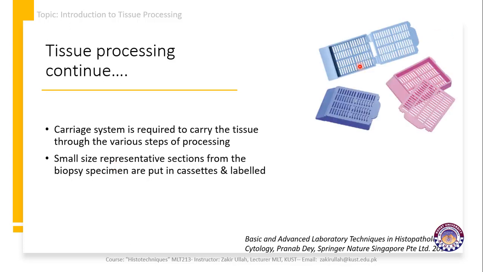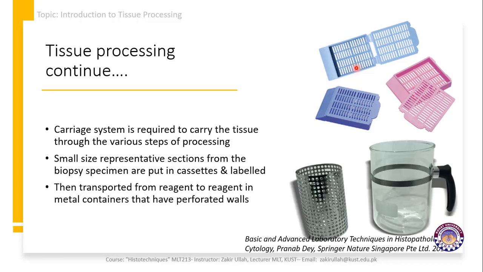These are the plastic cassettes which are labeled, and small pieces of the tissue, their representative sections, are put into these cassettes and they are processed. Then these cassettes are transported from one reagent to another in a container which is made from metal, and these metal containers are perforated so that the formalin or the liquid can cover all of the tissue.